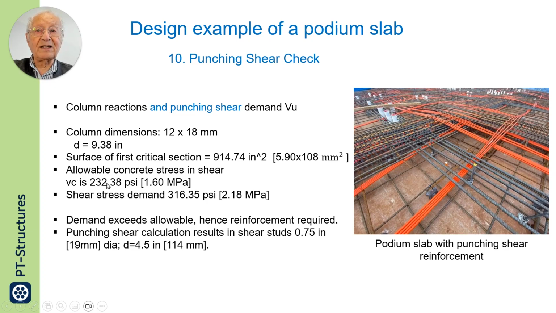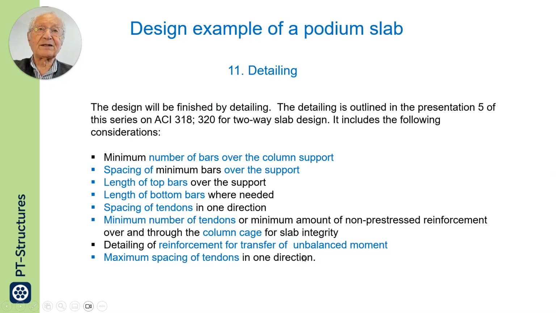Demand exceeds capacity. As I said, it is okay. It is not going to be beyond the maximum. It is within the limit. Demand exceeds, hence punching shear reinforcement is required. We provide punching shear reinforcement, shear studs in this case.